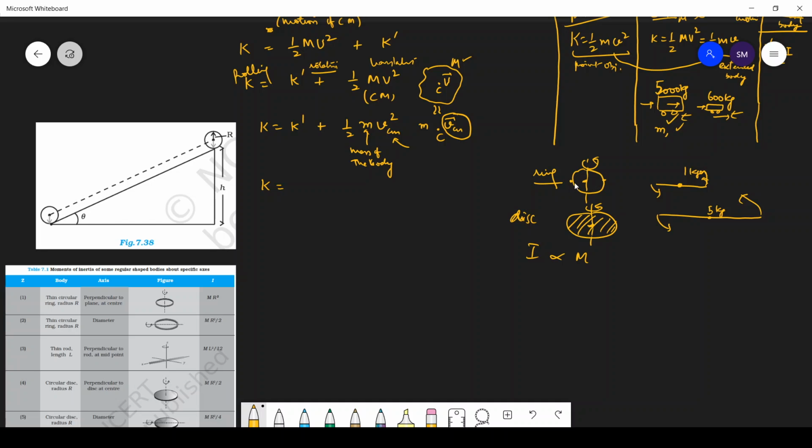I form a couple, like when you open the cap of a bottle, you apply force in opposite directions. Here you are holding it with your thumb, so you apply force in this direction at this point, and in this direction at that point. Equal and opposite forces form a couple along different lines of action, and as a result there will be rotational motion of this ring.